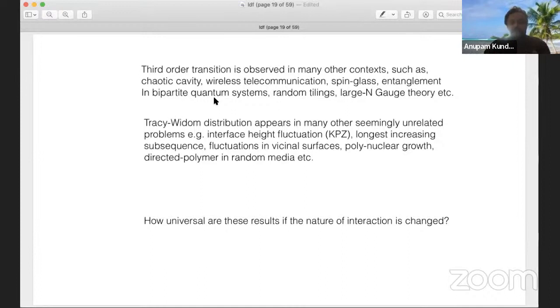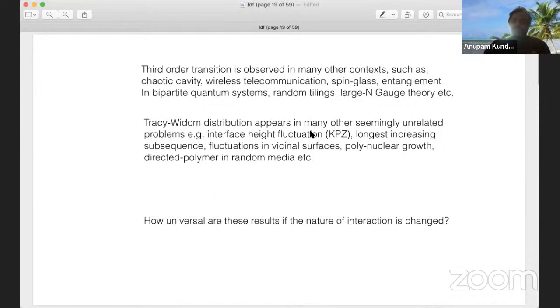Then entanglement in bipartite quantum systems also shows such transitions. Actually, these transitions were first observed in string theory, in large N gauge theory, and are known as the Gross-Witten-Wadia transition. So this transition is observed in many contexts.